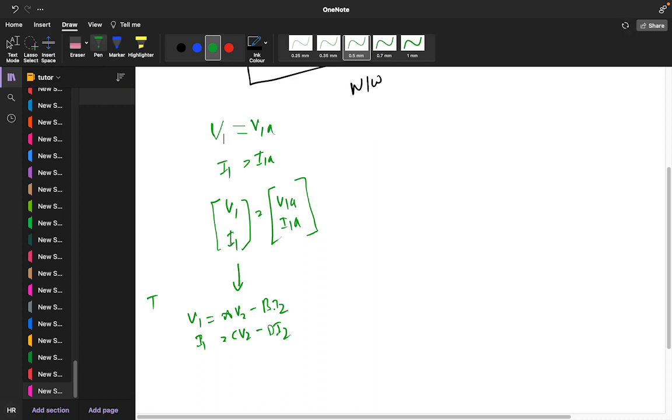So we are writing for these equations. If you write for these equations, what will you get? You will get the A parameter.